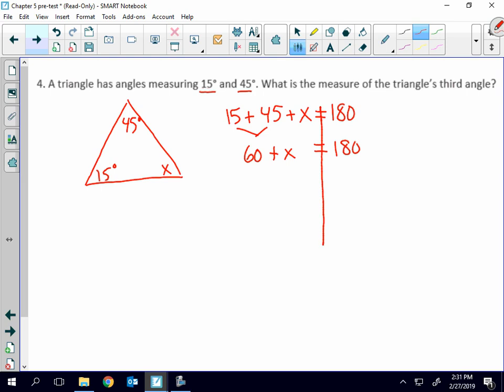If you want to draw your line, you can here. And to get rid of the 60, to get x by itself, we're going to subtract 60 from both sides. Okay, that leaves me with x equaling 120 degrees. So the third angle in that triangle is 120 degrees.